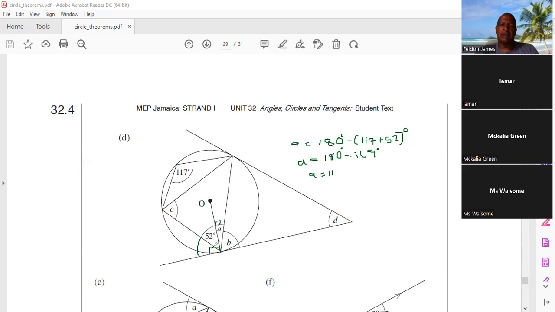Yes, sir. So we could find this angle here. So 52 from 90 would give you how much? 38. 38, sir. So now, if we talk about the alternate segment, this up here would be alternate to 38. Up here would be 38.